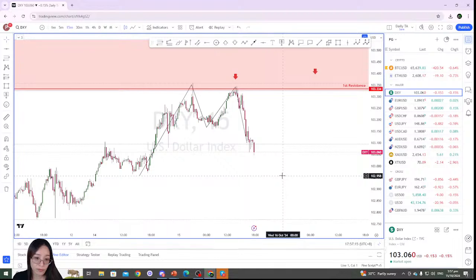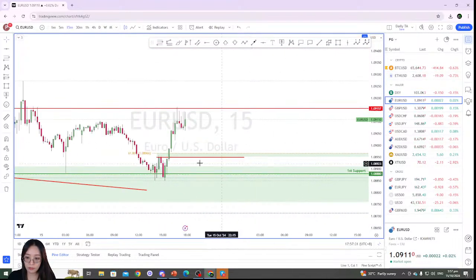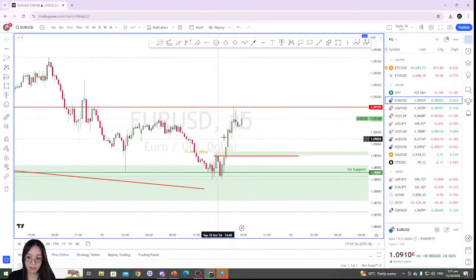I only trade the divergence, and I'm using the RSI. Others would be traders using MACD to identify the divergence, or stochastic. But I'm using only RSI to trade the divergence. And then you can see that it's safe for you to buy here. You can see that 30 pips is very easy.